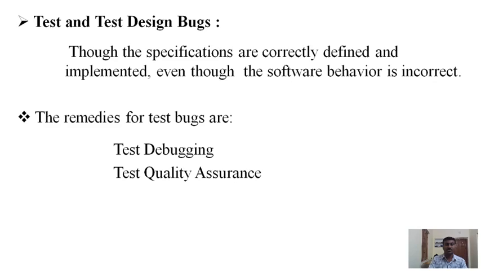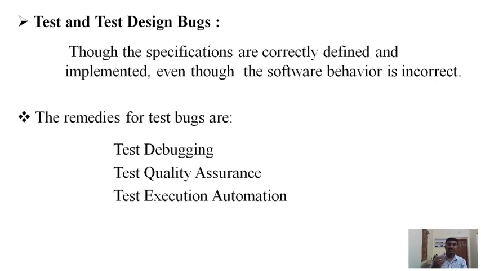The second solution is test quality assurance. Before applying the test on the software, you want to check the quality assurance of the test. There we can find most of the test bugs. The third solution is test execution automation.